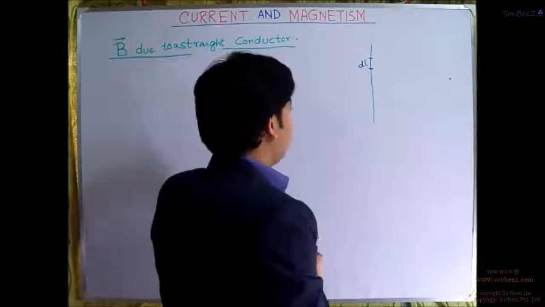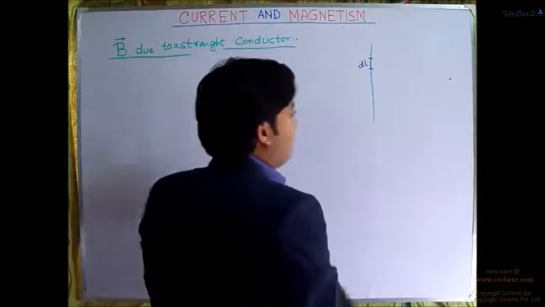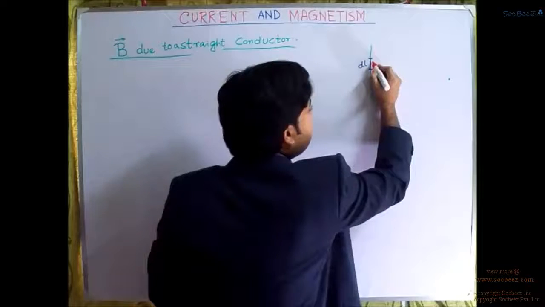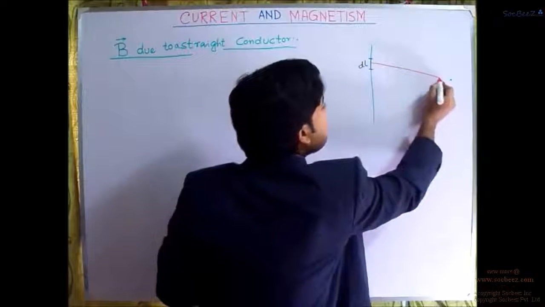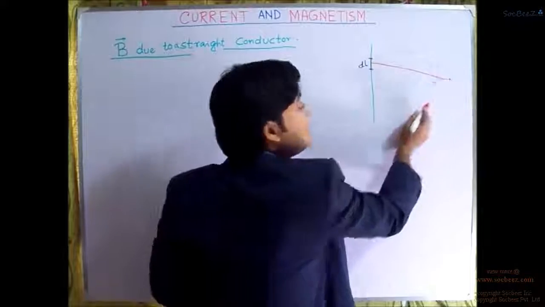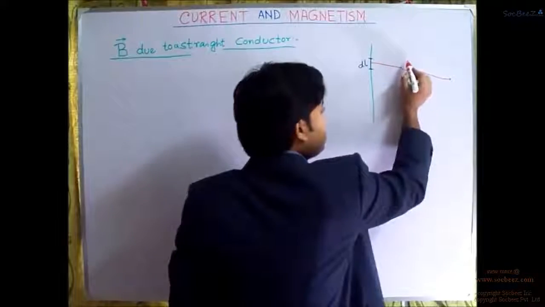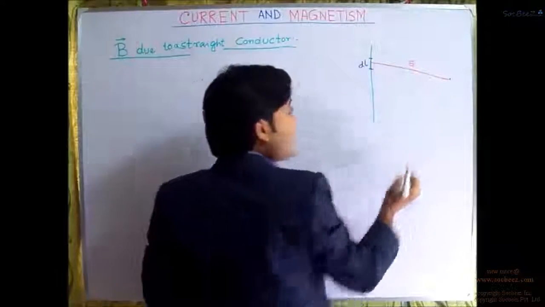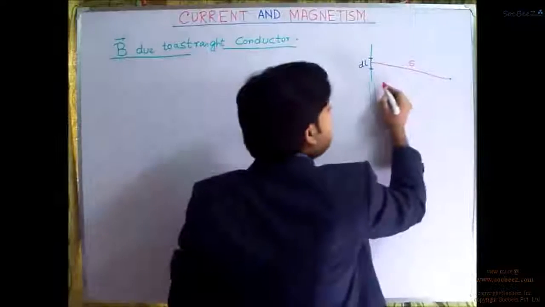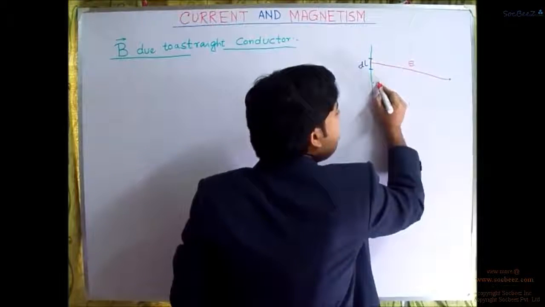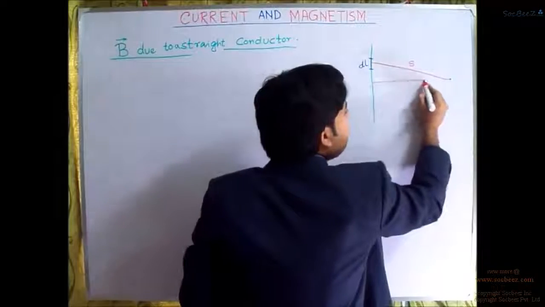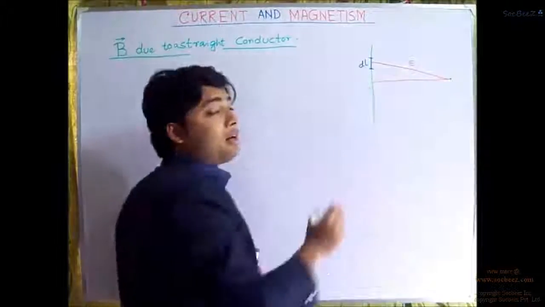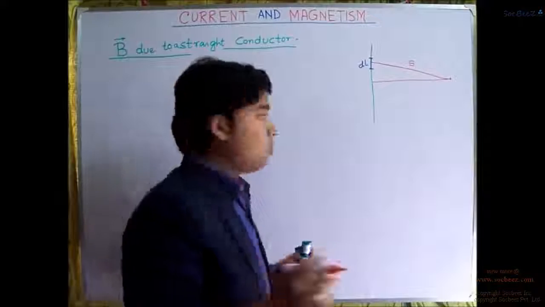So in this scenario, if this is the point, we could take up that this is the distance of separation between them. Let us say the distance of separation is S, and the perpendicular distance of separation, or the minimum distance between this point and this conductor, will obviously be perpendicular, right?